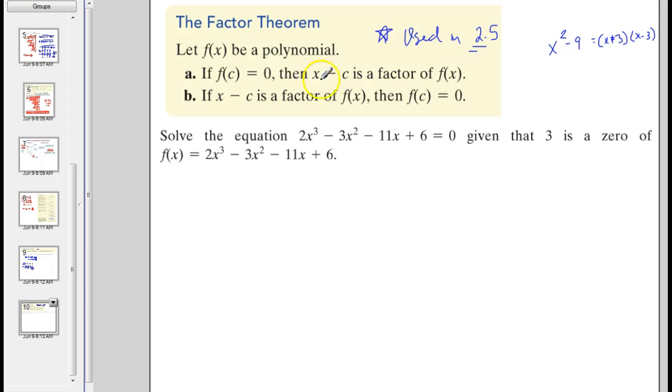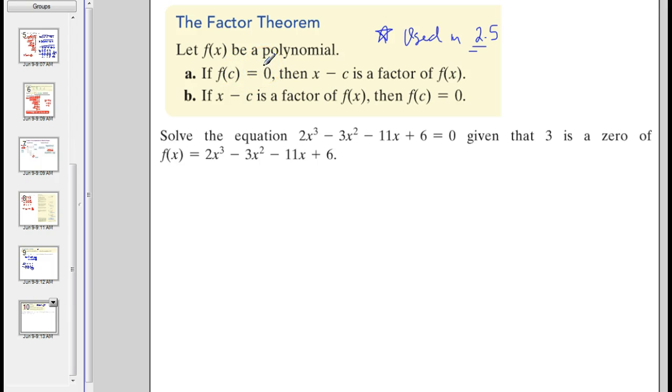The thing about the factor theorem, though, is if I divide this polynomial by this factor that I now know because I plug in and get 0, then when I divide, remember when you divide you get a quotient, you get another factor. That's the important thing here, is we're going to be able to factor these polynomials that we've never been able to factor before based on the zeros of the polynomial.